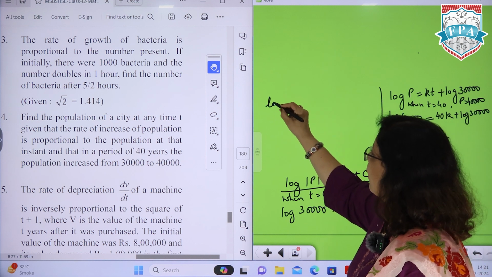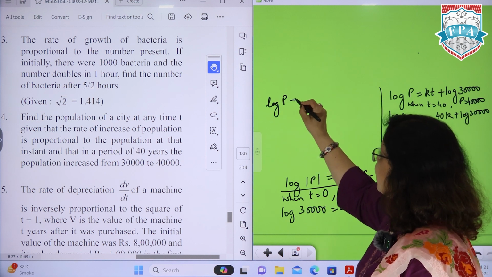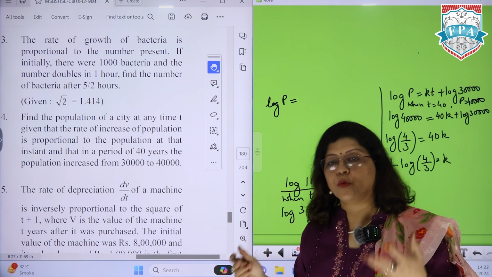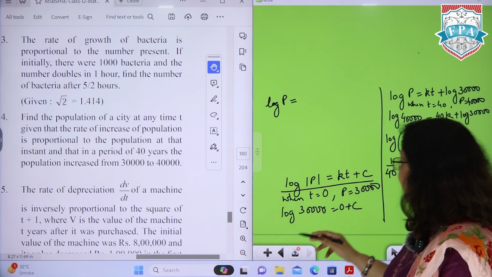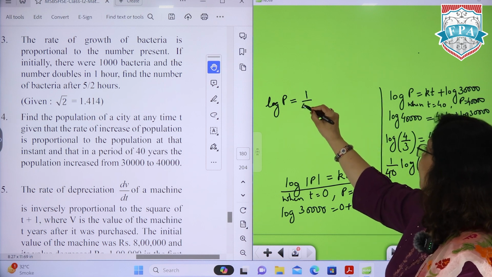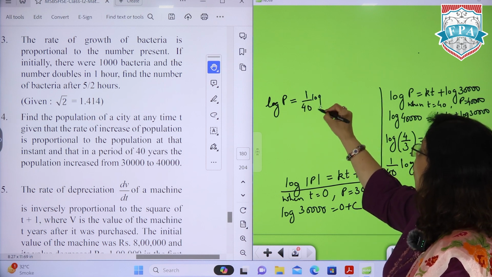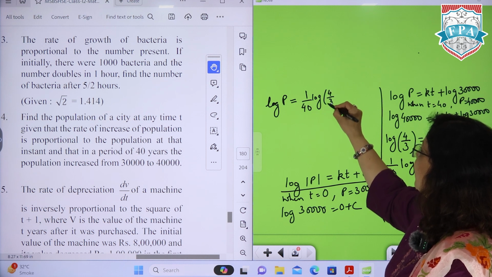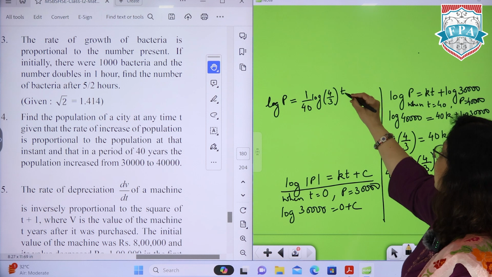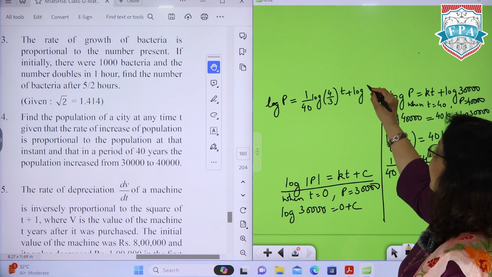log p is equal to, because they have not given you t and have just told you to find it for a particular time period, instead of k I'm writing 1 by 40 log 4 by 3 into t, plus log 30,000.